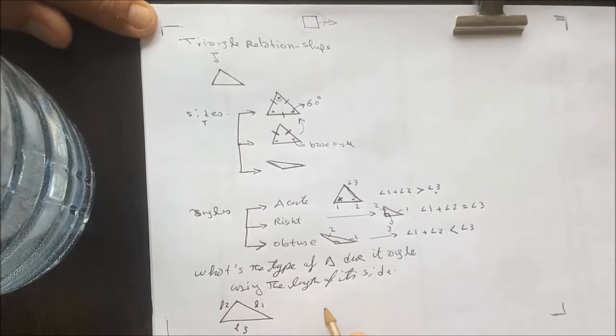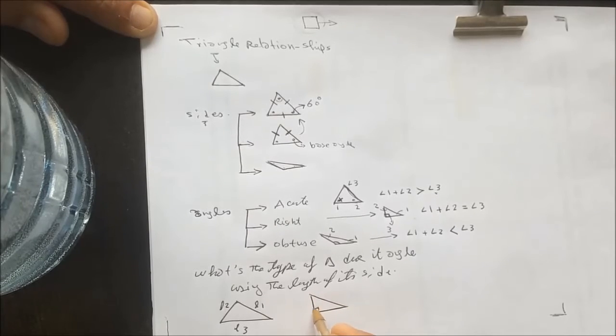This is another triangle. I know you know it, you're going to tell me this is a right angle triangle, length 1, length 2, length 3. This is another triangle, the third one is obtuse, okay, length 1, length 2, length 3.